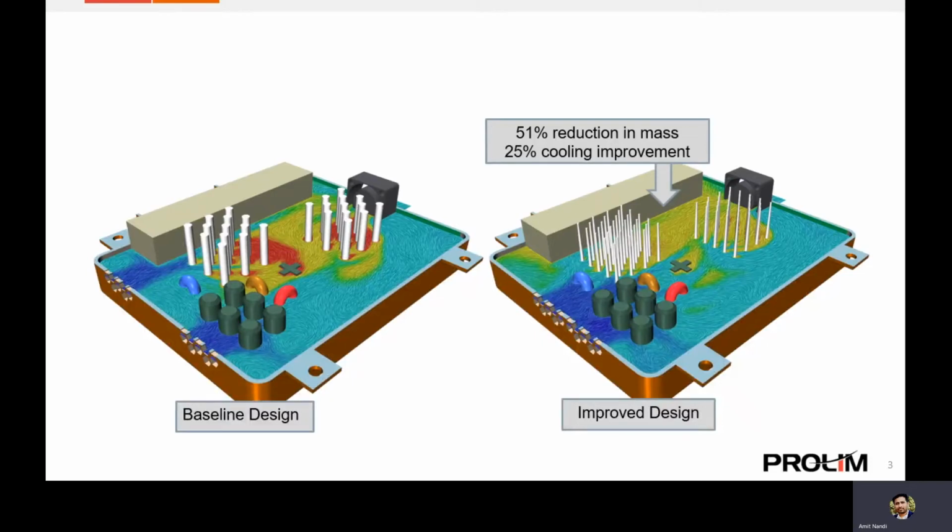There is a 51% reduction in mass in the improved design, and a 25% cooling improvement in the overall performance. So this is how design space exploration of SimCenter from Siemens will not only help you minimize the weight, but also increase the performance as well.